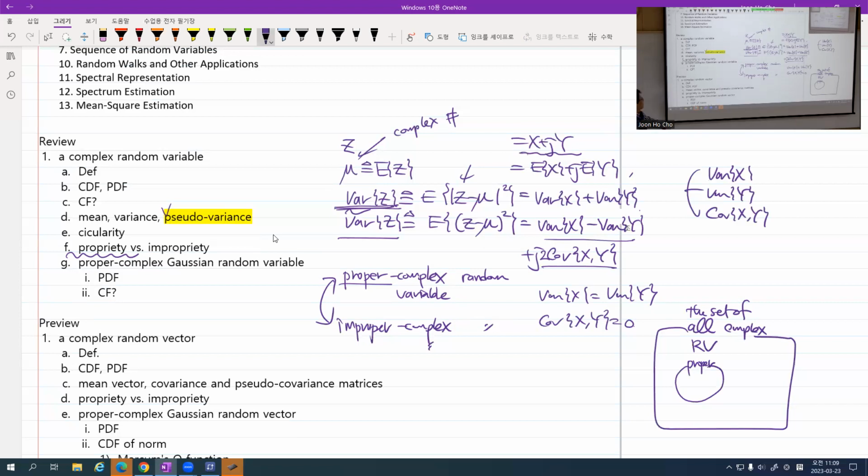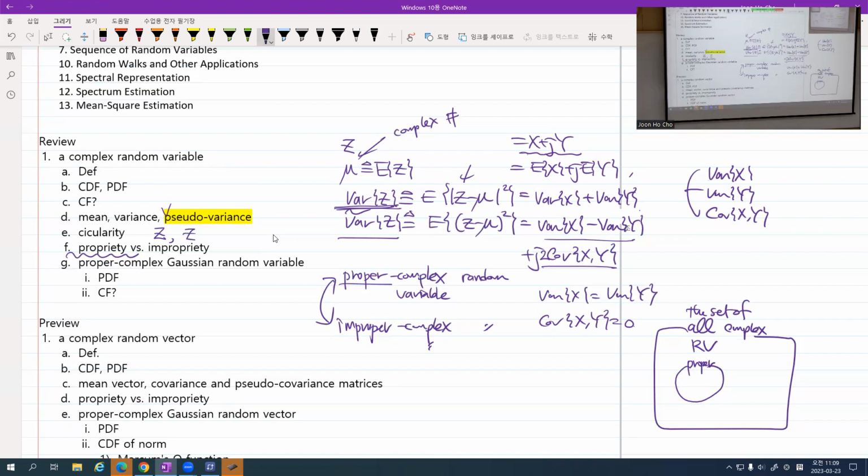By the way, there is another set often used in talking about a complex random variable, that is circularity. What was the definition of circularity? The definition is this: Z, a complex random variable, is circular if and only if, because you should be careful, when we define something, if means if and only if in lemmas, theorems, and propositions.